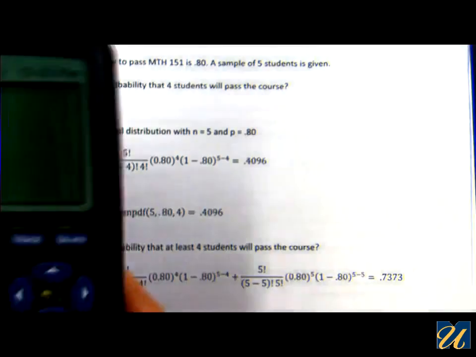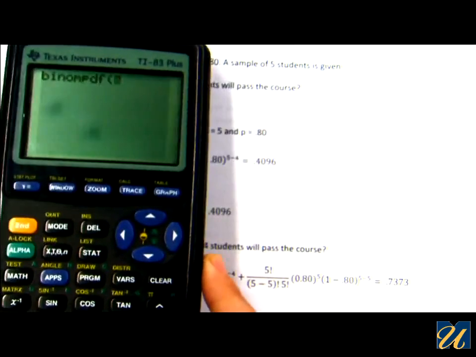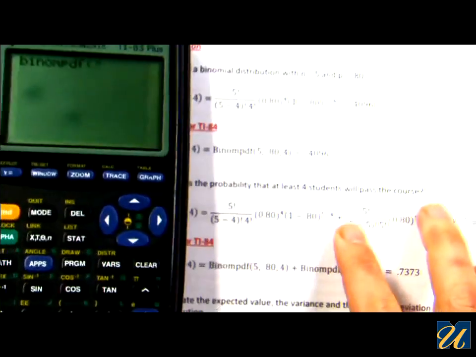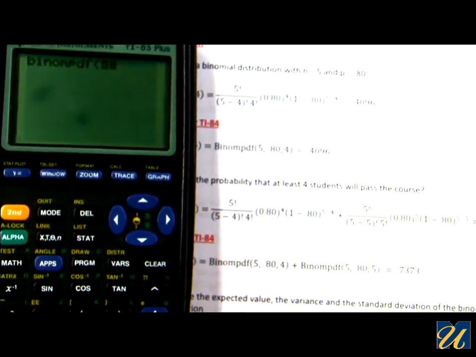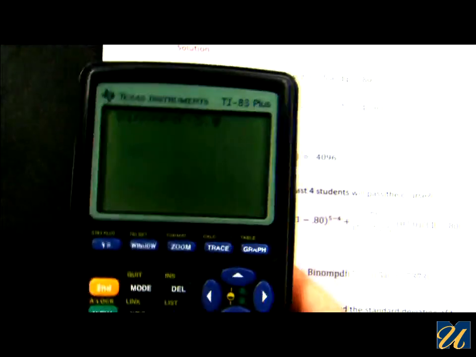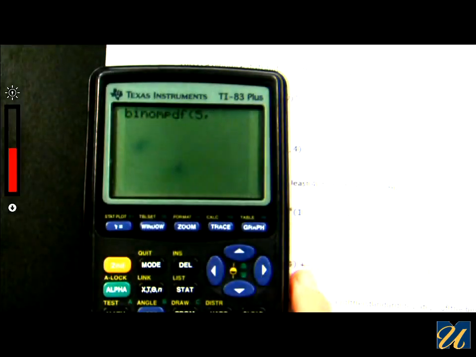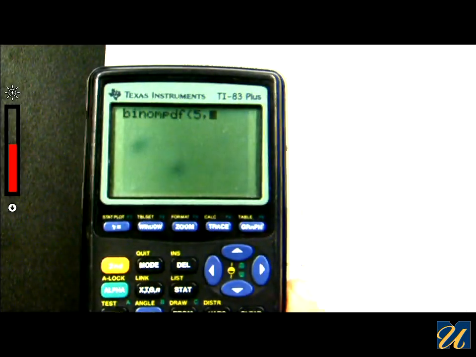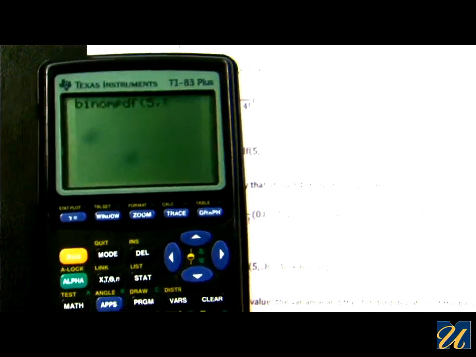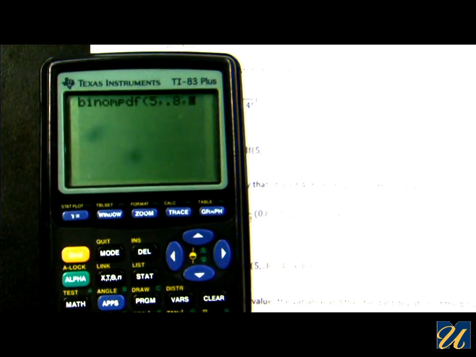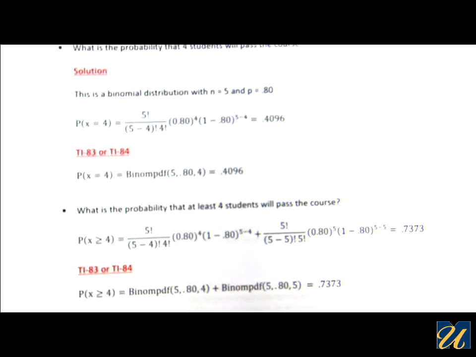Now, if we use our graphing calculator, we would do binomial PDF 5, comma, 0.8, comma, 4, close parentheses, and enter. 0.4096, which is a lot faster than the formula, for sure.